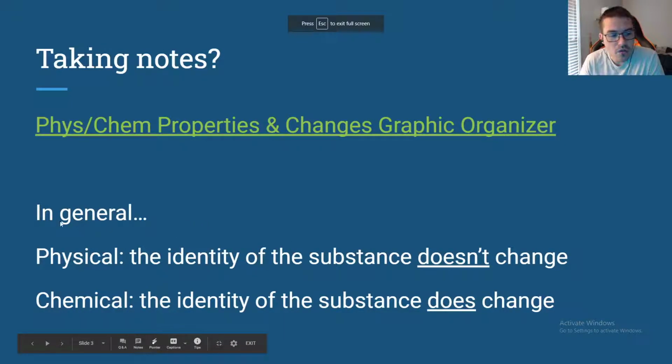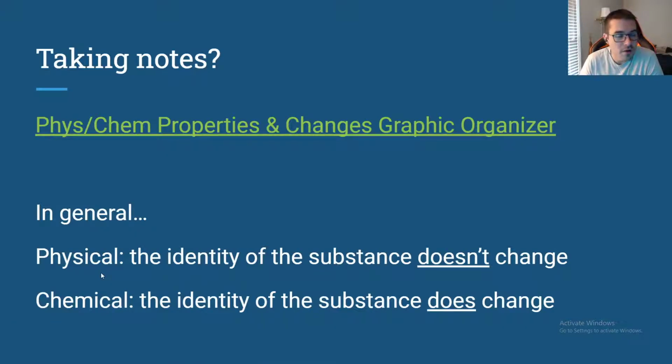Okay, so in general, this is the difference between a physical type of thing and a chemical type of thing. Whether it be a physical property or a physical change, chemical property, chemical change, this right here is the main difference. When we're talking about something of a physical nature, the identity of the substance doesn't change.